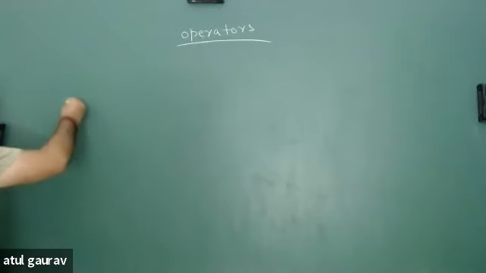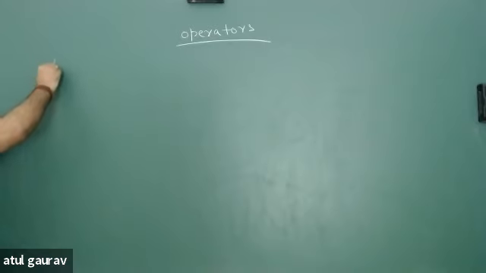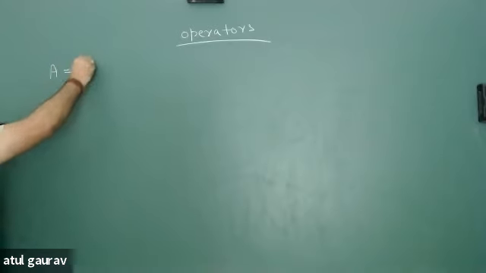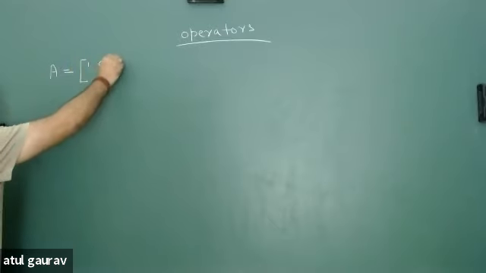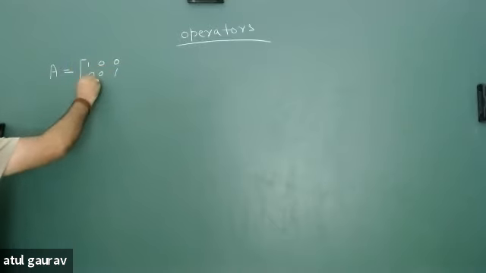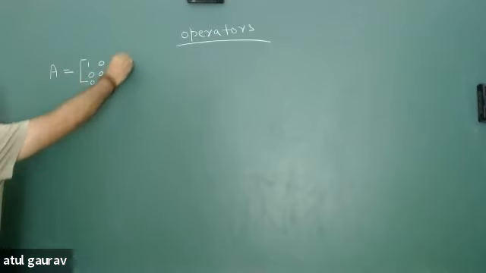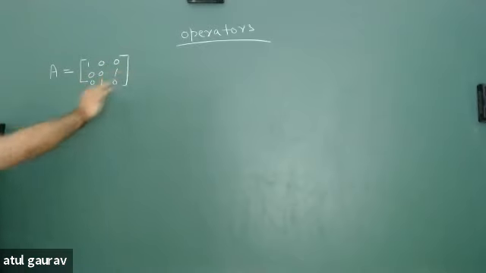Suppose I have one beautiful operator, and let's say this operator is the matrix 1 0 0, 0 0 1, 0 1 0. What I have to do is find the eigenvalues and eigenvectors of this operator.